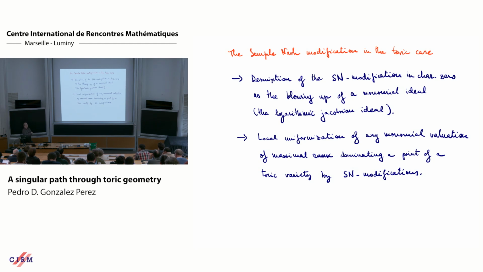And it was a question of Semple and later of Nash if the iteration of this Semple-Nash modification leads to a desingularization. About this property, Gonzalez-Sprinberg proved that in the case of toric surfaces, the iteration of the Semple-Nash modification followed by normalization gives a resolution of the singularities of the toric surface.